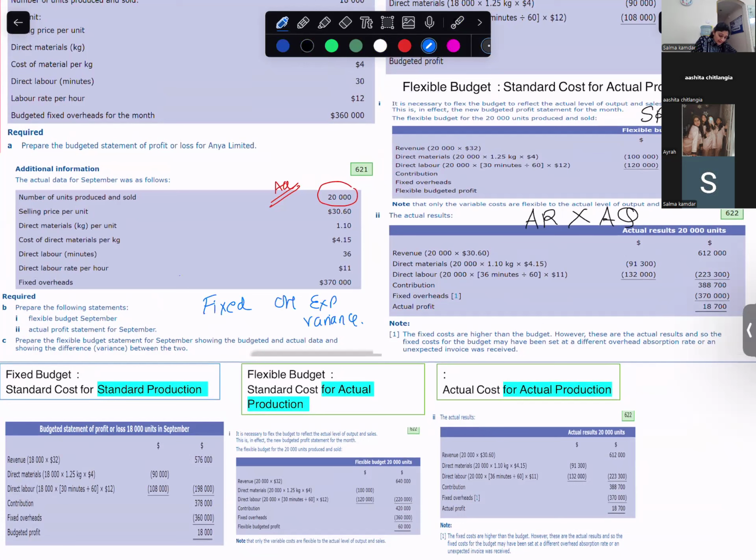What is fixed MA? Fixed overheads as per master budget minus fixed overheads as per actual budget. Can you tell me the fixed overheads as per master budget?